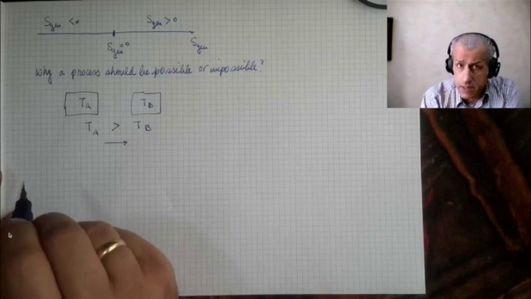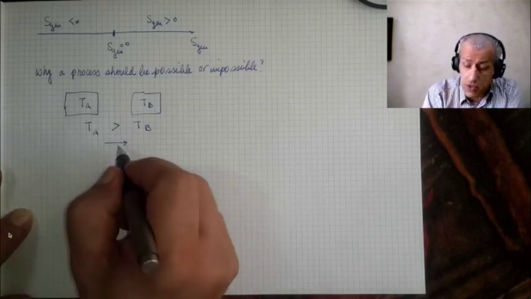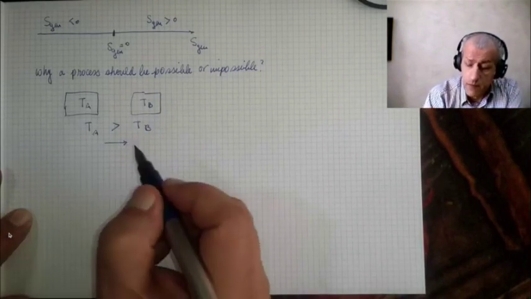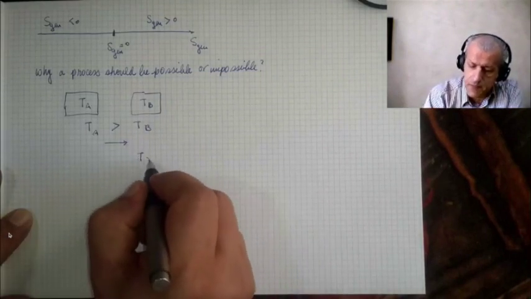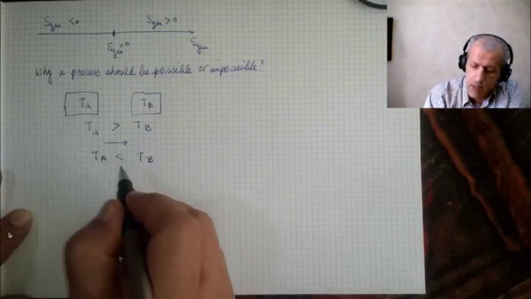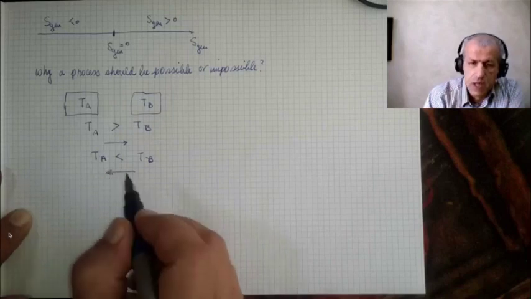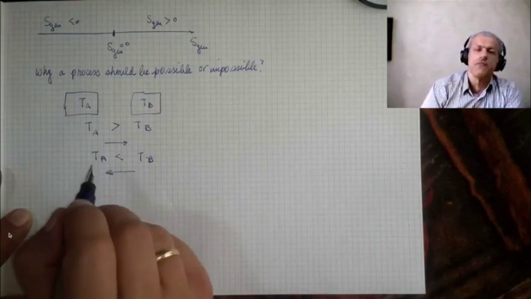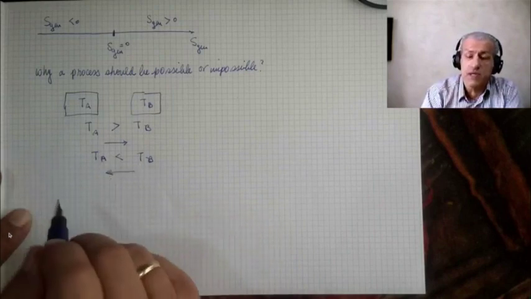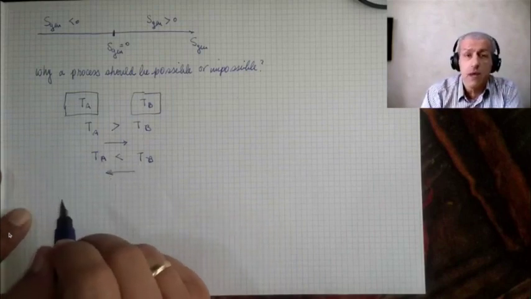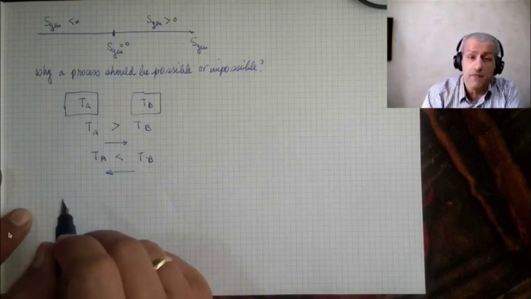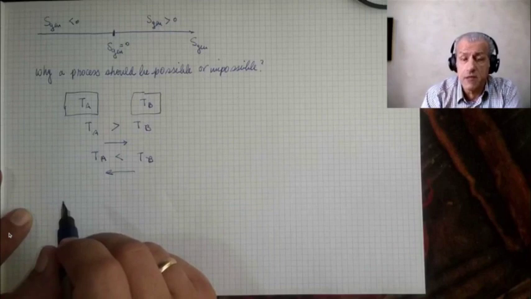And the larger it is, the stronger this heat transfer would be. If Tb is larger than Ta, then the heat transfer would be in the opposite direction. And the larger this difference is, the more heat transfer there would be. So this is where the possibility of a process is defined.